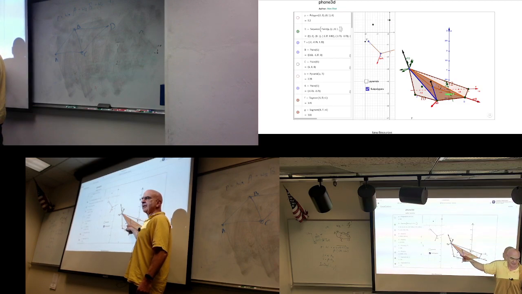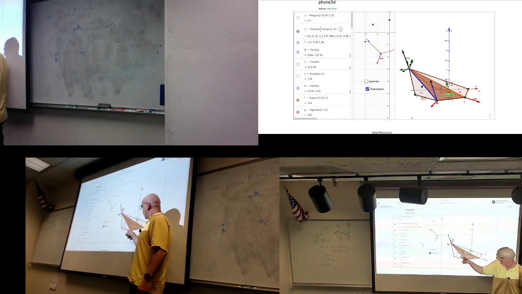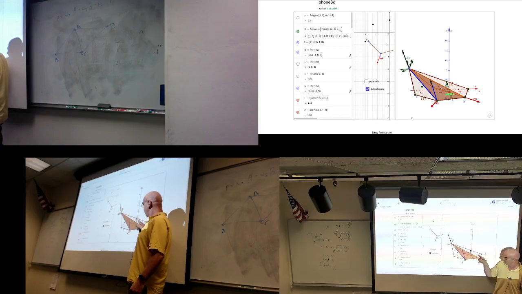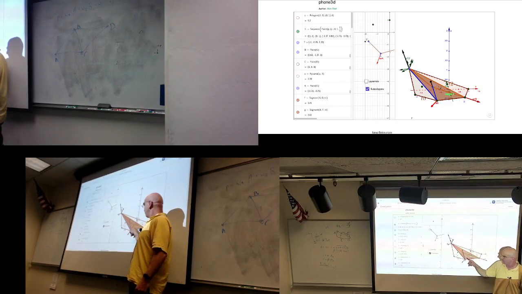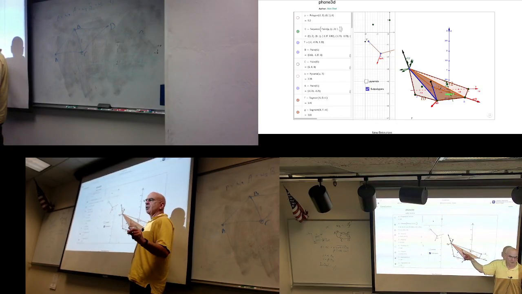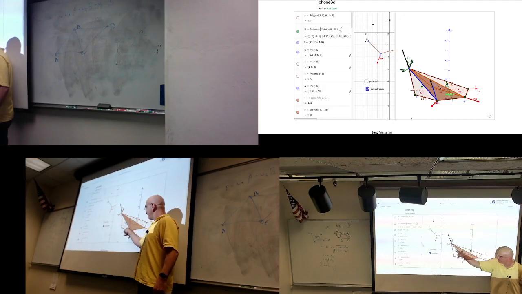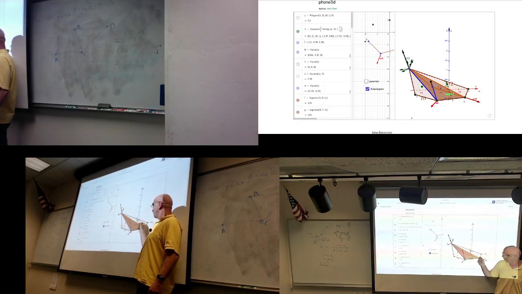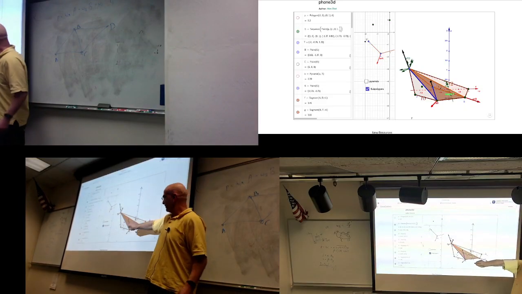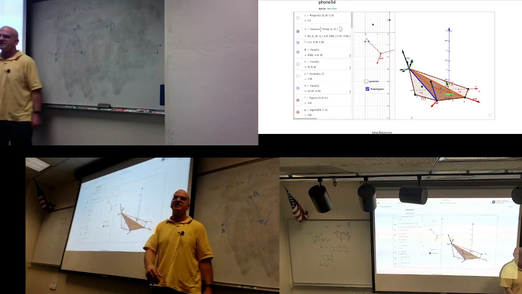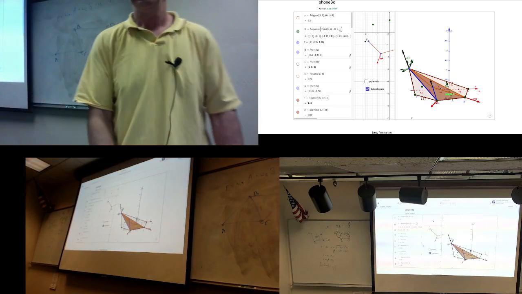Each one has an area. I compute the barycentric coordinates as the area of each sub-triangle divided by the area of the whole triangle of the mesh. I'm in the business of computing the color at Q. How can I do it? I compute the barycentric coordinates by computing the corresponding area of the sub-triangles divided by the area of this triangle, and now just use it to interpolate the colors at the vertices. That's Gouraud shading.